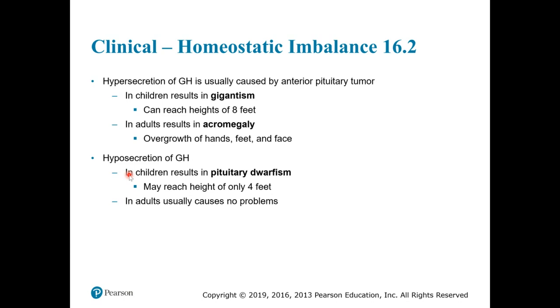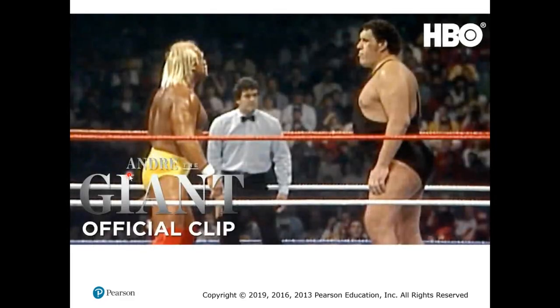And let's find somebody. Here we go. You probably recognize some of the guys in this picture, especially you wrestling fans. I'm not necessarily following wrestling a lot, and even I know who these people are. On the left, we have one Hulk Hogan, and on the right, we have Andre the Giant.